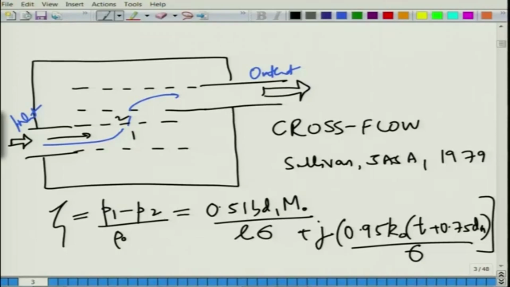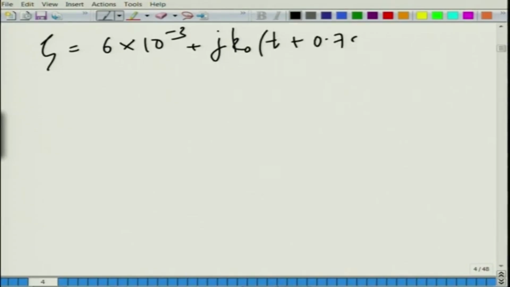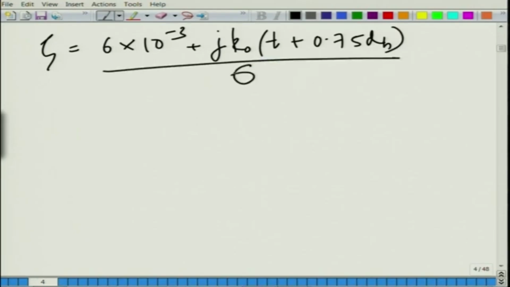Then for the stationary medium, the same researcher proposed another expression for zeta, which is 6 into 10 to the power minus 3, plus j k naught, t plus 0.75 dH, and the entire thing is divided by sigma.